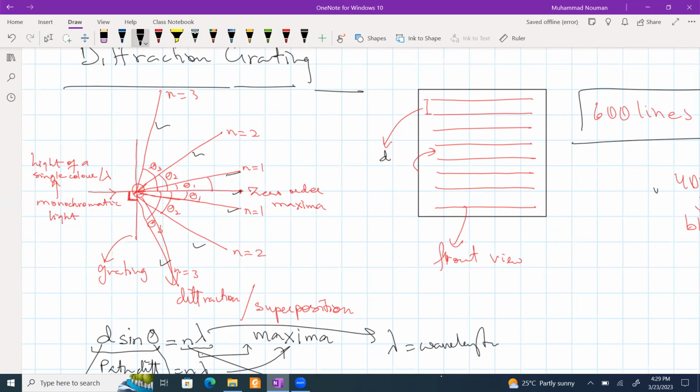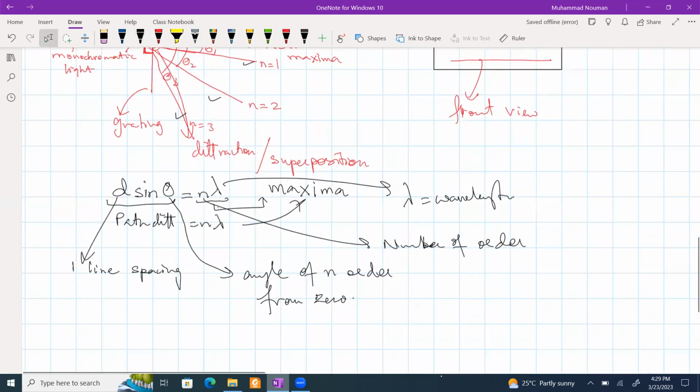If they ask you such a question, keep in mind that the number of orders can be found by using this formula. n is found, and suppose you found the value of n as 2.5. Here n is a discrete variable. Discrete variable means, if it's complete, then you count it; if it's incomplete, you don't count it. Understand?